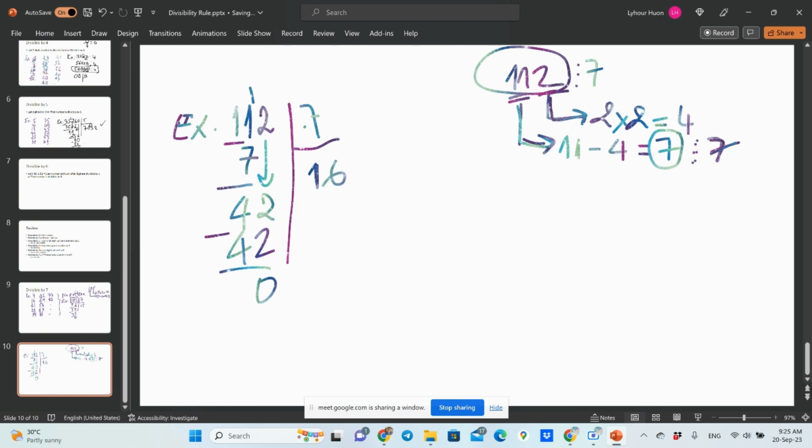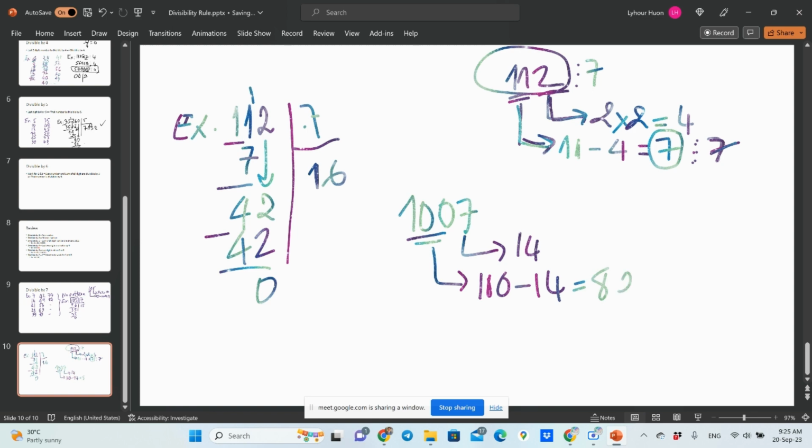If it's a 4-digit number, for example 1007, when we double the 7 it will be 14. We take the rest of the digits, which is 100, minus 14, it will be 86.